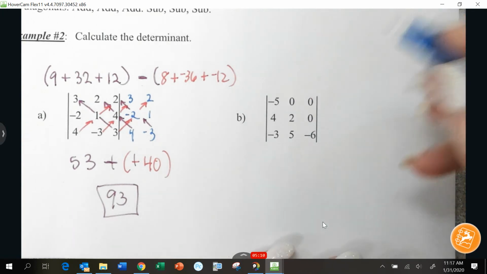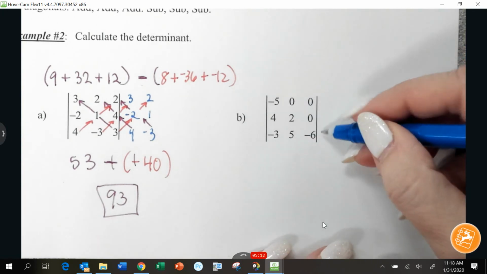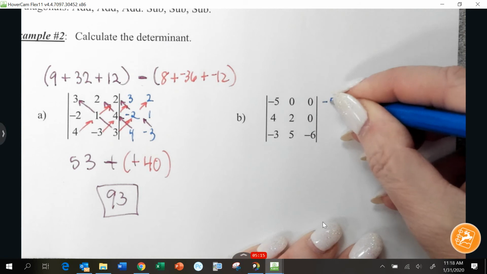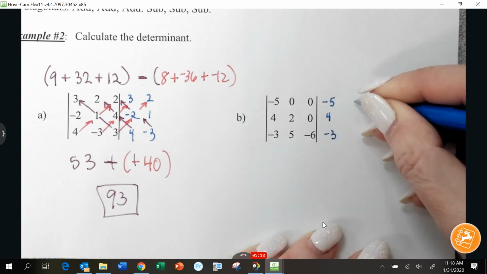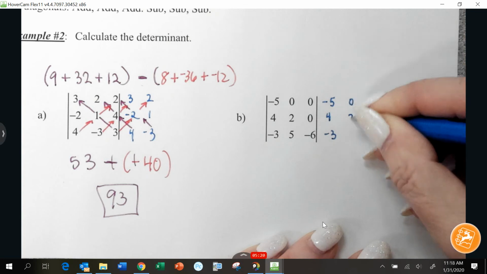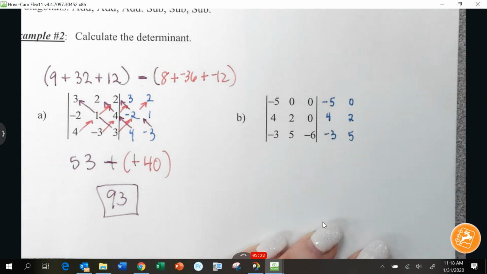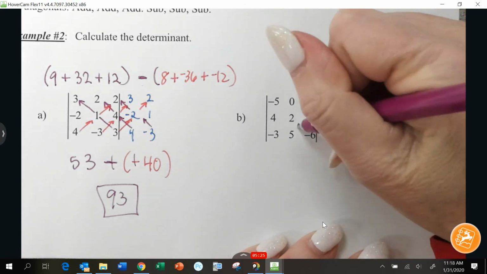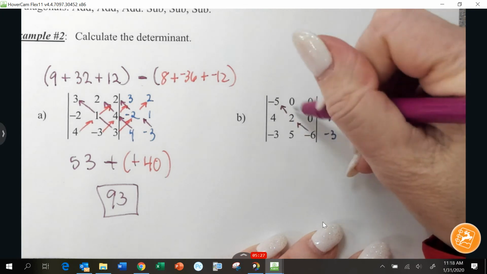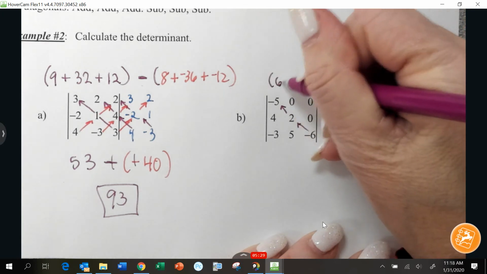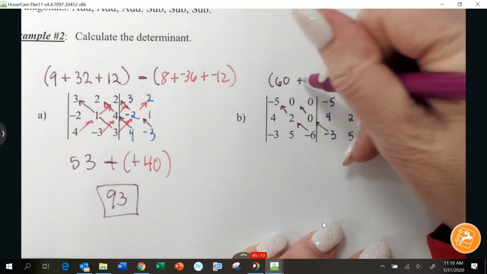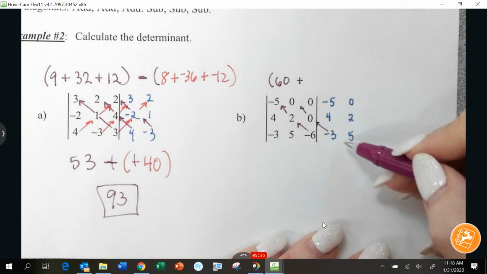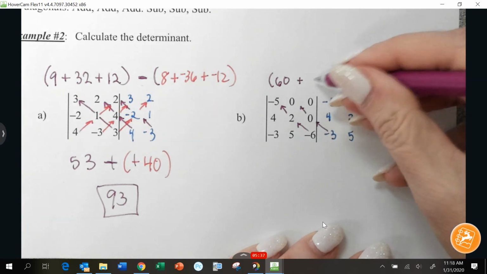So same thing again. We've got a determinant with 3 by 3, so I need to copy the first 2 columns. And we cross multiply up. I get 60. What's my next product? 0.